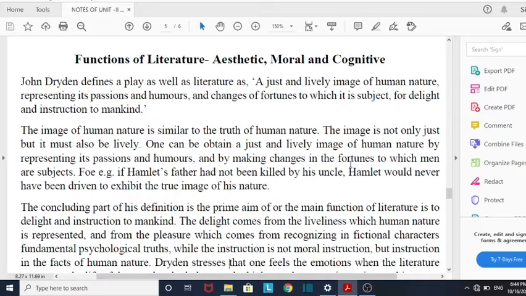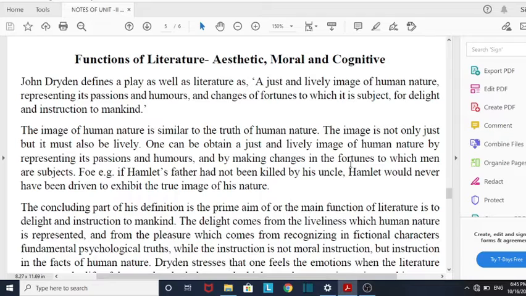But the fourth, Neander, or we can say Dryden himself, said that no, it is contemporary literature, that is the literature of the Restoration period, that is greater than all the literature. So that was the form of the dramatic poesy, and that was the greatest contribution John Dryden has given to us, and therefore he is called the father of literary criticism.